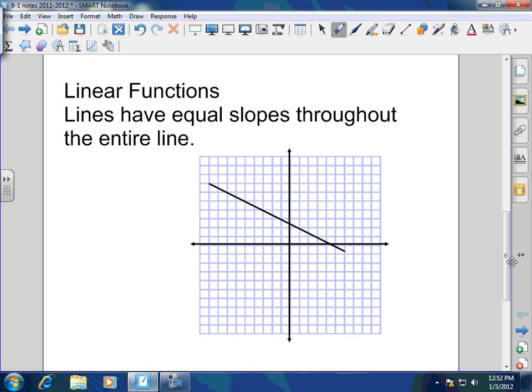Let's choose this point here, this point here, and this point right here. Trying to prove here the slope is the same no matter what. And in proving this, I'm going to show you how to determine whether or not ratios are proportional.